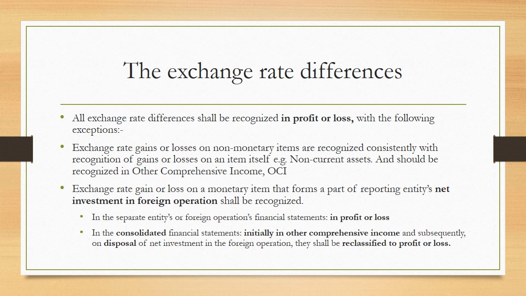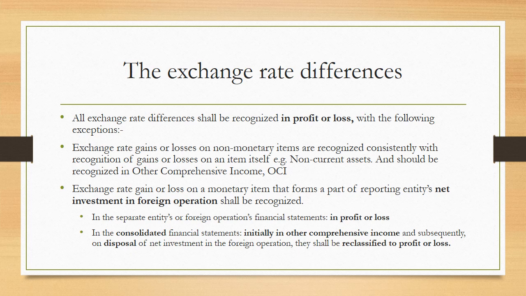For non-current assets, this should be recognized in other comprehensive income. But exchange rate gains or losses on a monetary item that forms part of the reporting entity's net investment in a foreign operation shall be recognized in profit or loss in the separate financial statements of the entity or the foreign operation.